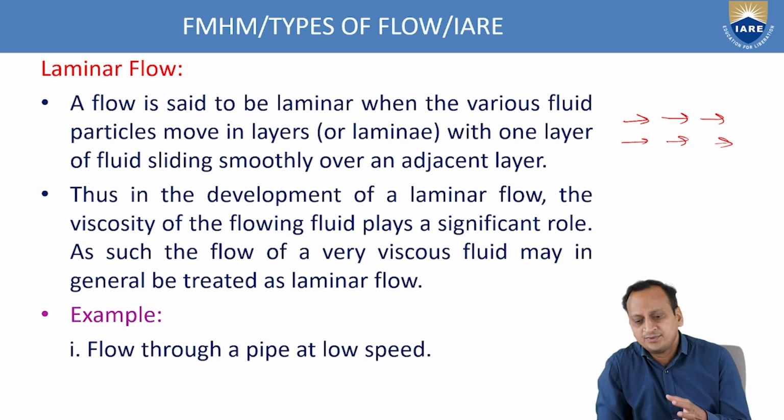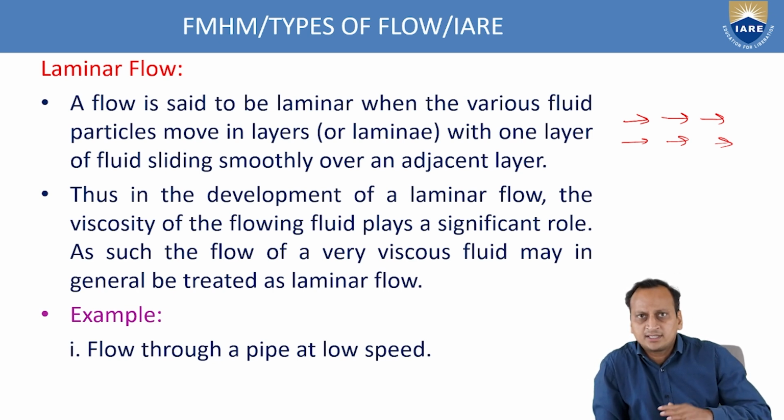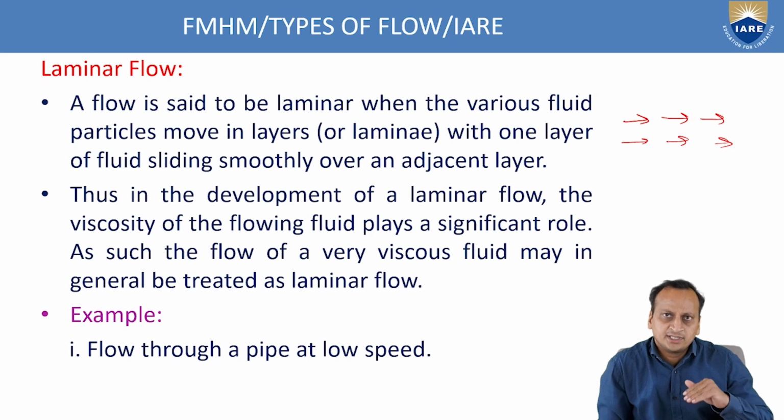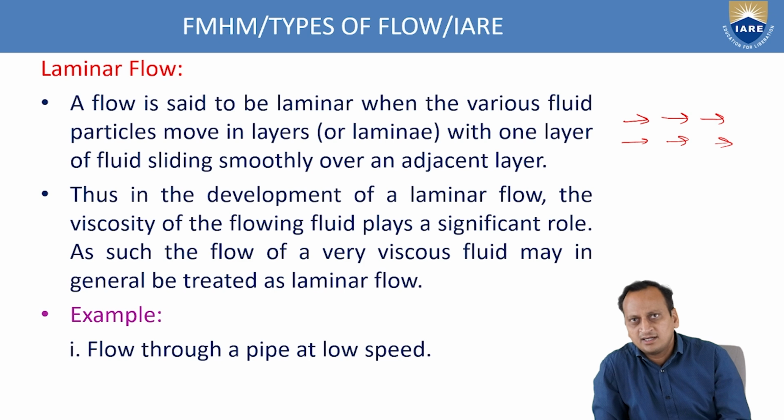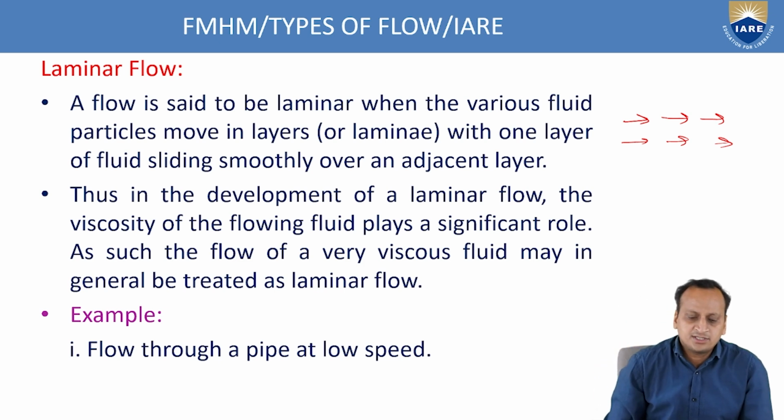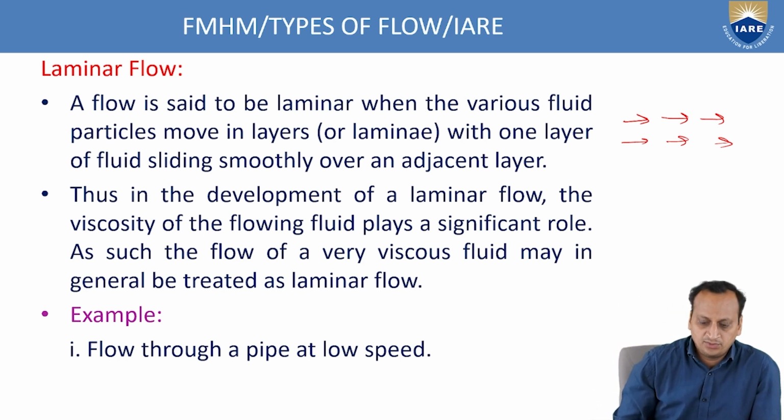This type of fluid flow nature will be observed in highly viscous fluid movement. If highly viscous fluids are moving, or molten metals, or salt water, then we can see it at low speed. Each fluid particle will move in its path without coming into the path of another fluid particle and disturbing it. Such type of flow is a laminar flow.